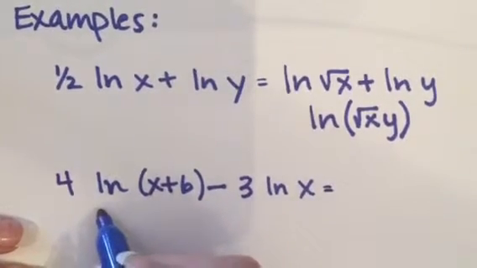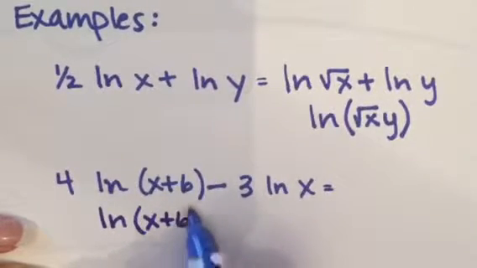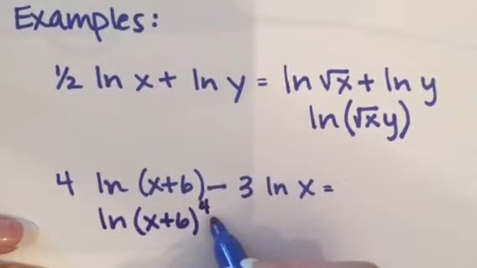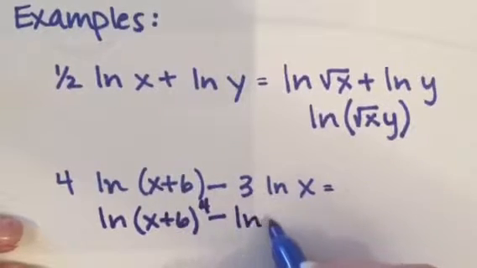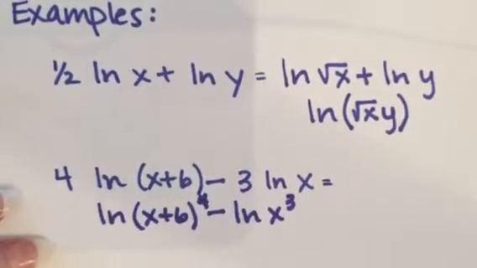And I'm going to say that this is the same as ln of x plus 6 to the 4th power minus ln of x cubed. Okay, so now notice I have two logarithms without coefficients, and they have the same base. The base here is e, so I can condense them into a single logarithm.